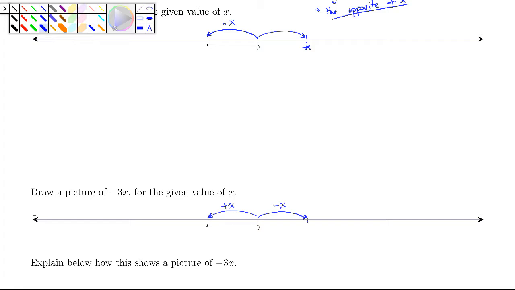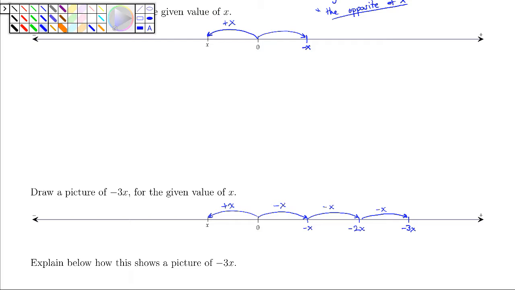So here would be a negative x, or the opposite of x. And then adding another copy of the opposite of x would give us negative 2x. And there is negative 3x. This is for x being a negative number.